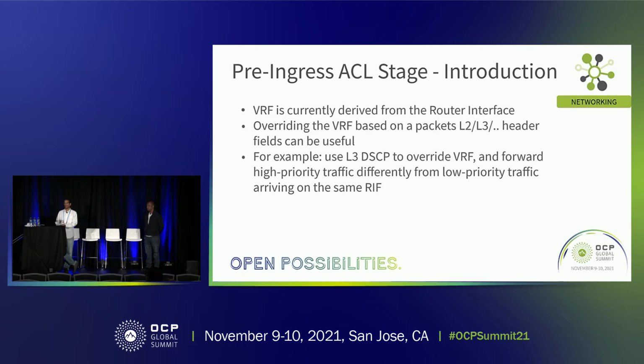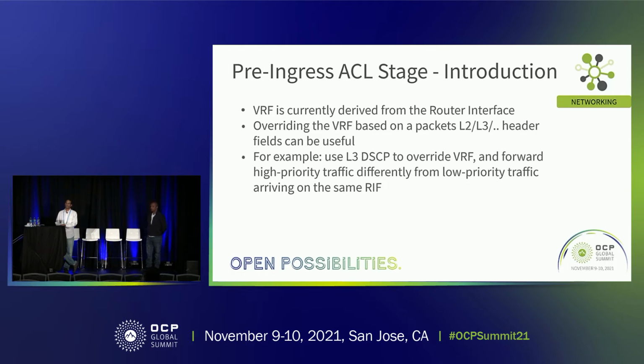We also introduced a new ingress ACL stage, which will be looked up before L3 lookup. And the VRF classification rules that we had in mind were things which we wanted to apply to the whole switch. They didn't have any port-specific fields to them, so we wanted this pre-ingress ACL stage to be bound to the switch.